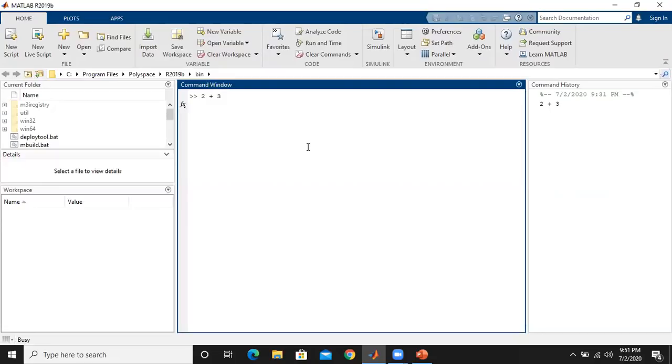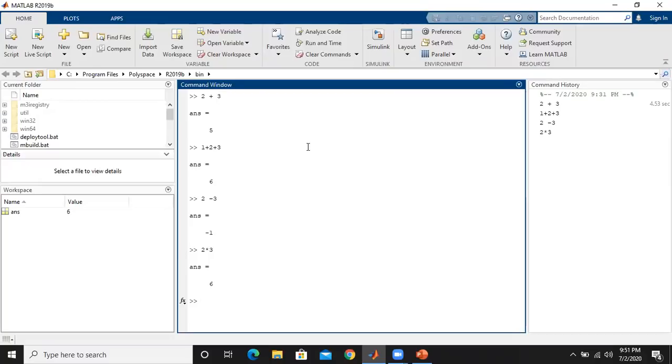And we can add many numbers, like 1 plus 2 plus 3, up to our wish, and the answer is 6. Now we can go for subtraction, 2 minus 3, then we get minus 1. We can also go for multiplication, like 2 into 3. So we have to type like this, then we get 6.